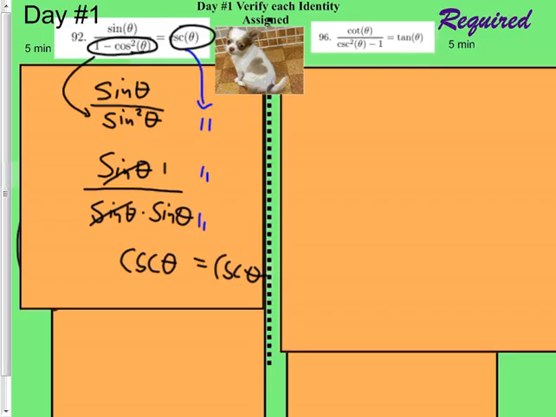All right. So your homework is to do all of day ones and memorize all of the ones that I gave you today. So tomorrow I should be able to say cosine squared, and you should be able to go 1 minus sine squared. I should be able to say the one with the cot is what?